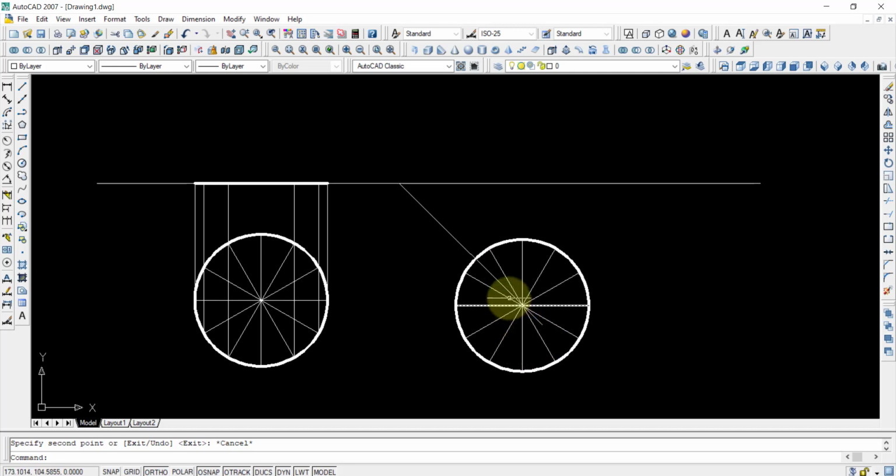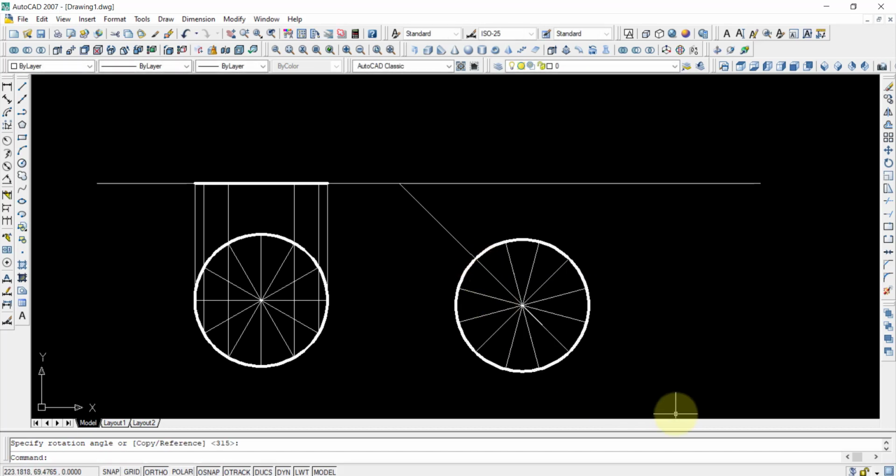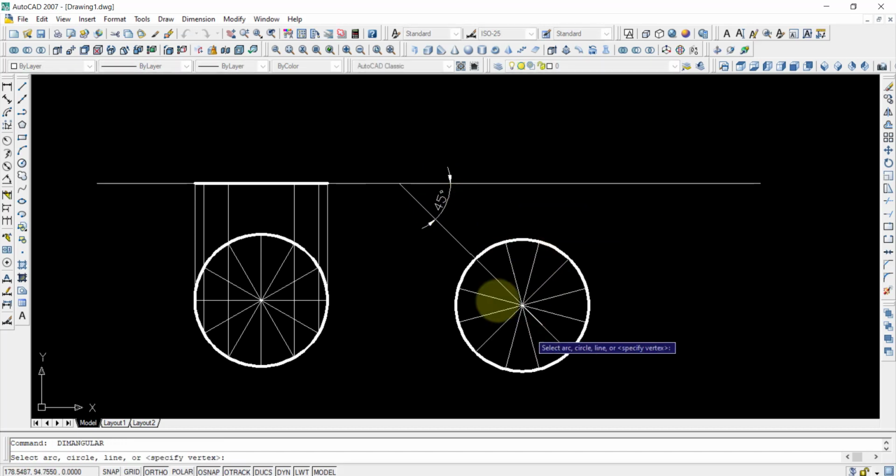Or else you can just copy the circle itself, and along this line give the divisions, which can be done along the line. So I'll rotate it with some angle so that it is shifted. I have rotated it so that it has come along this line. First I drew a 45 degree line like this, kept the circle along that line, and used the rotate command to rotate this circle.